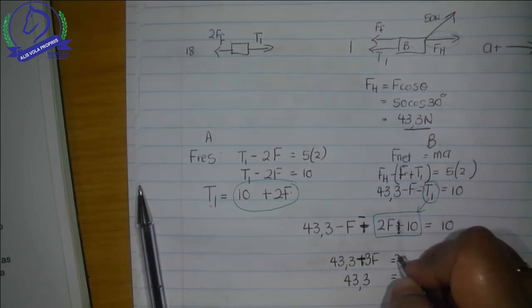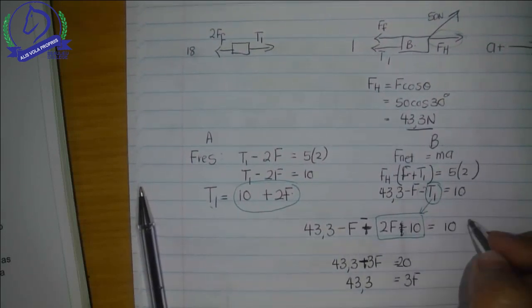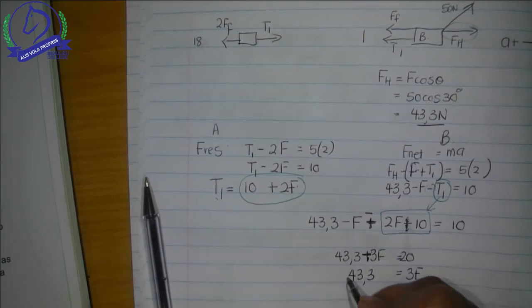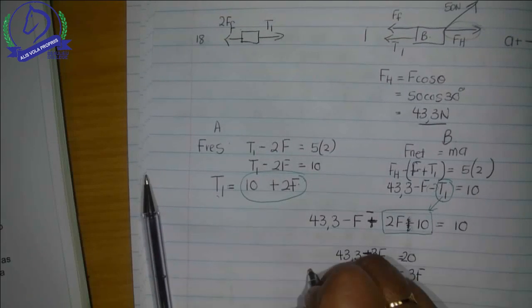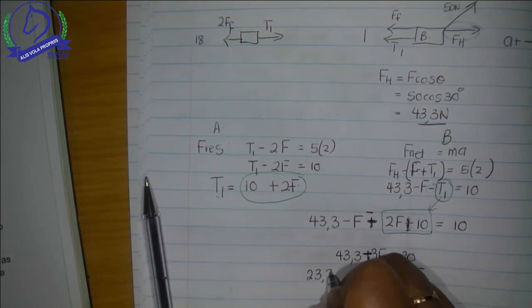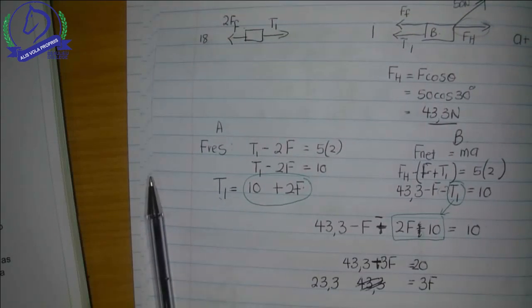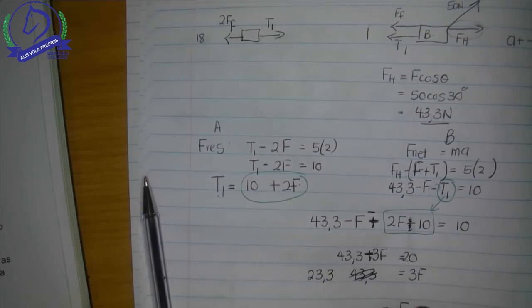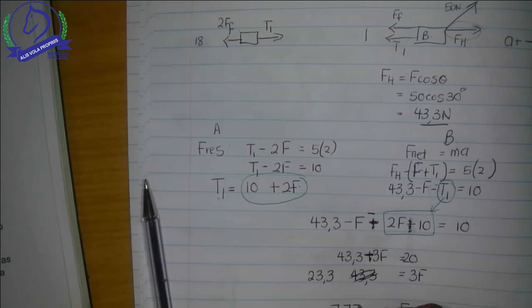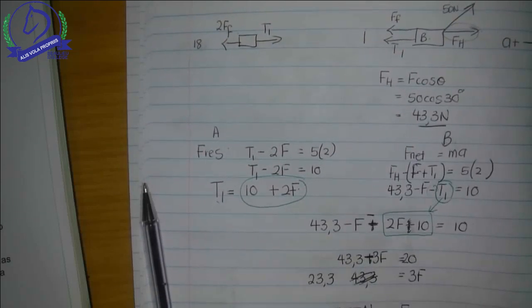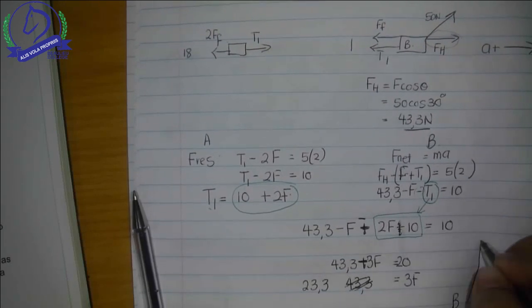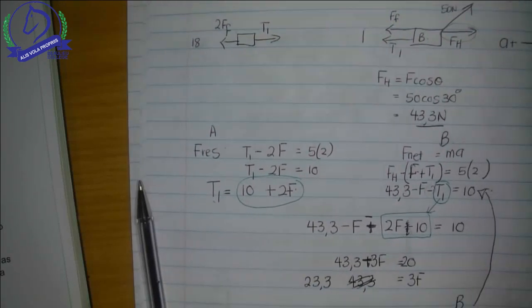So this will be 20, because if I take the 10 on the other side, it becomes 20. So 23,3 is equal to 3F, and then F is equal to 7,77 newtons.